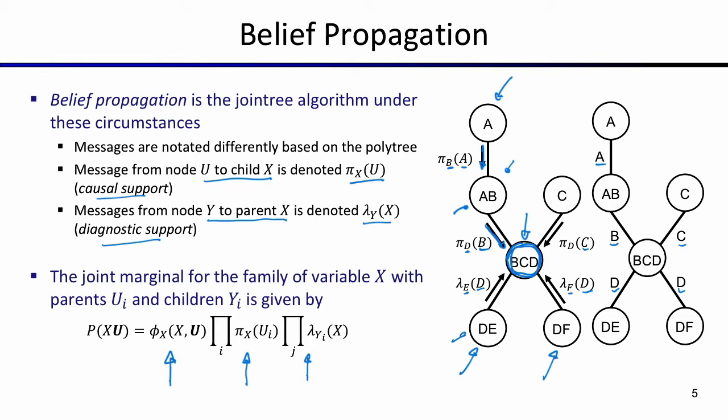So we're going to have the factor that we have here in the node BCD times these two messages from the parents, and times whatever comes from the children, these two messages, one here and one here. So when we multiply everything together, we have this marginal, and we can answer queries regarding the variables B, C, and D.